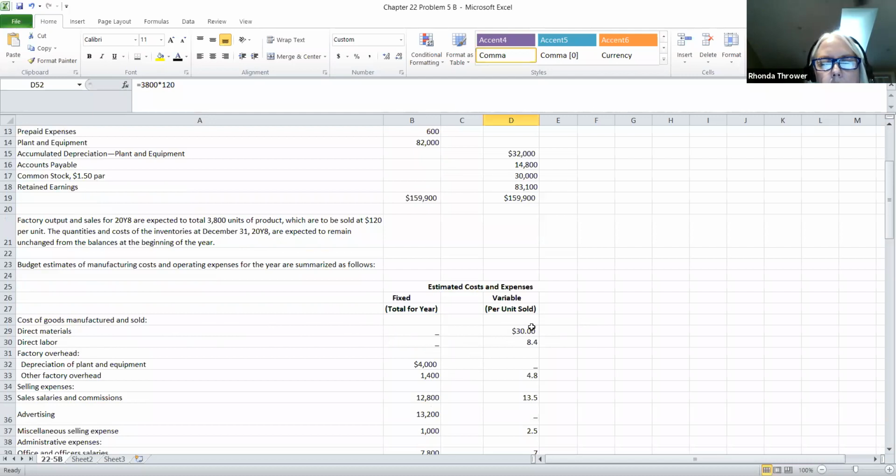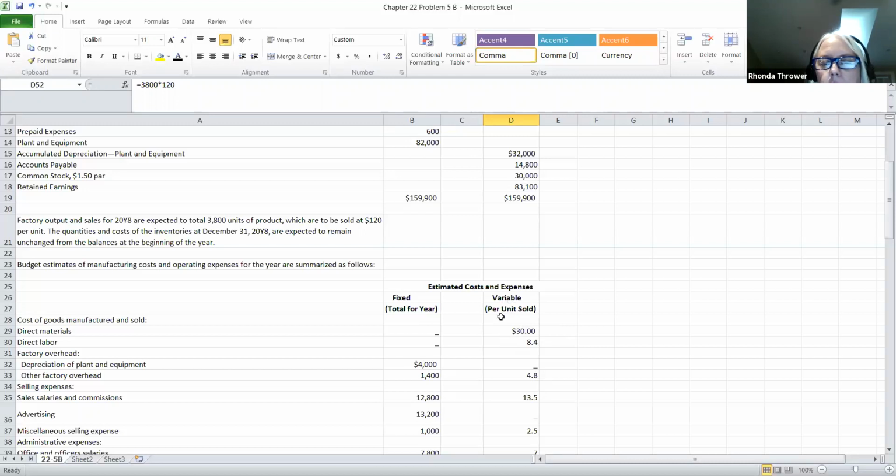And you'll notice that the materials are stated in variable cost per unit sold, which is $30. So if we want to know how much we're anticipating that we're going to need, we would multiply that by the sales in units, because that's all they gave us.